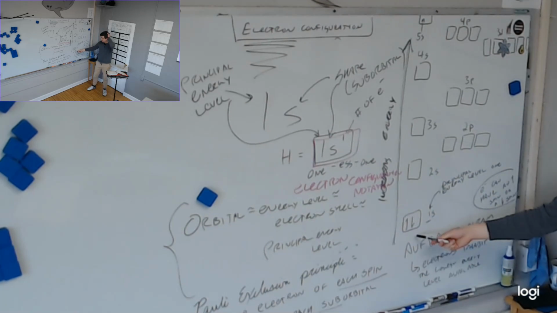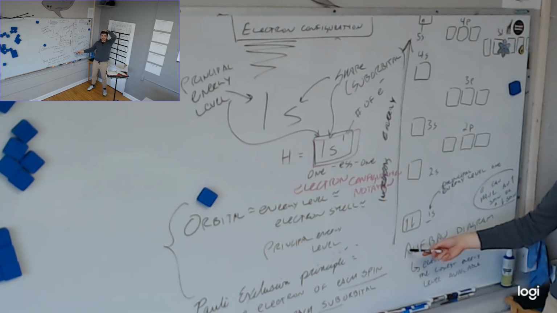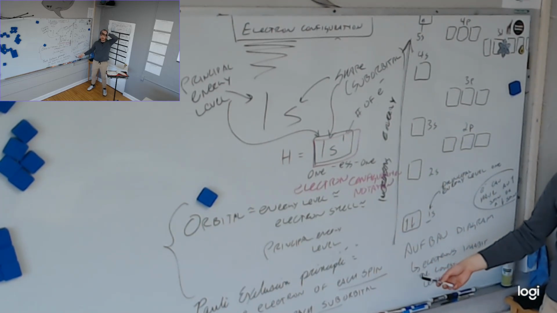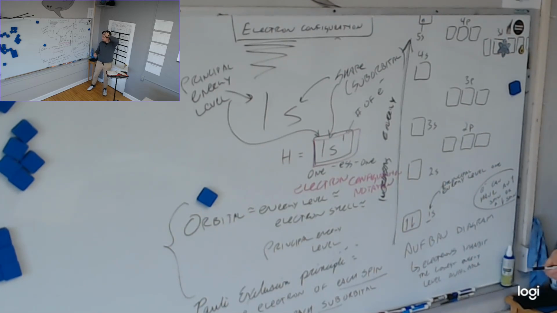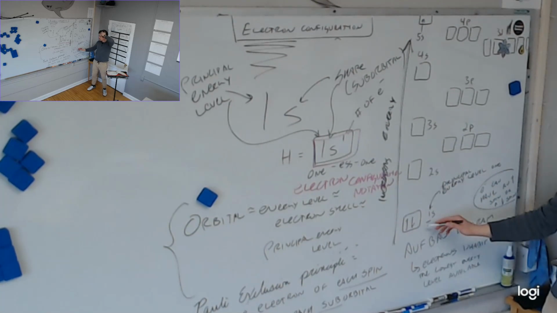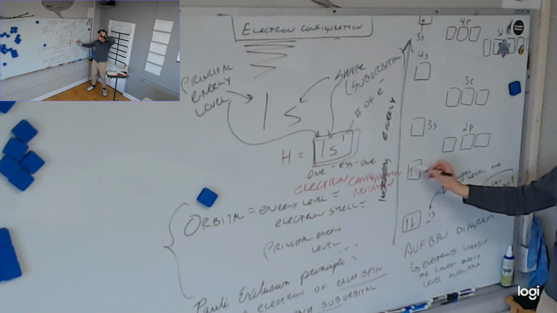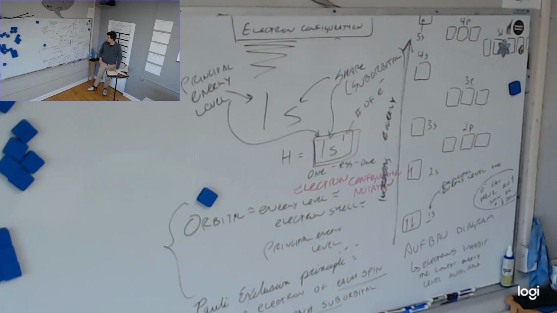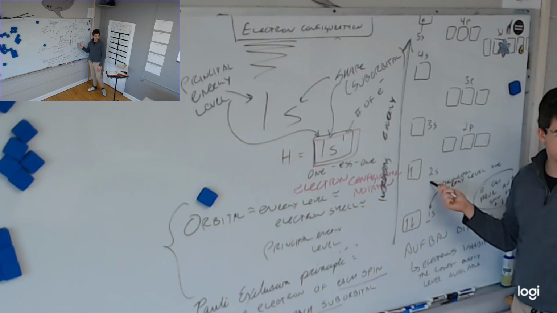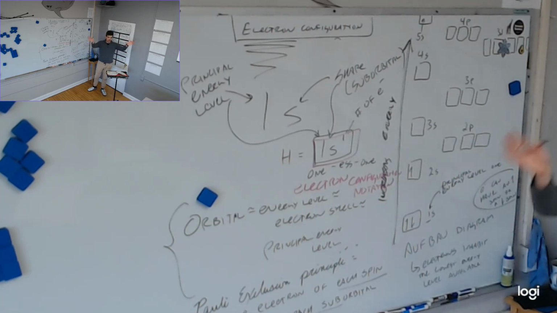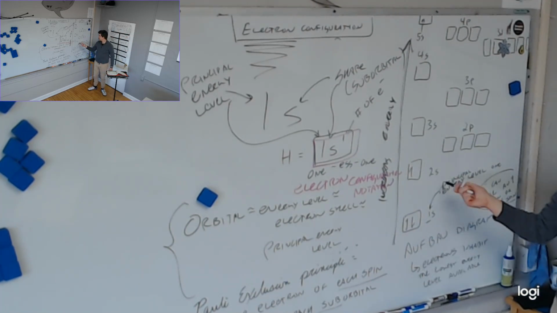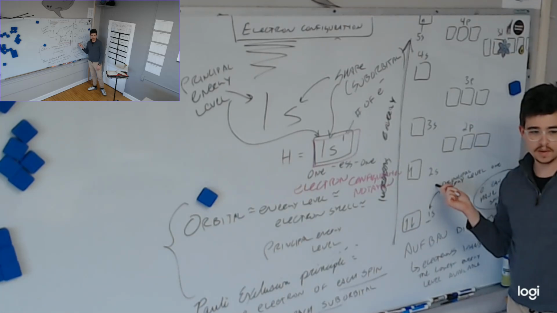Lithium. So I've got helium here. If I add one more electron to make it lithium, it's going to be an up. It can't go here. It goes in the 2s. We're going up to 2s. So 2s, what's its principal energy level? 2. So in the Bohr model, we would draw this in the second circle. What shape is it? Sphere. S. Yep, it's a sphere.